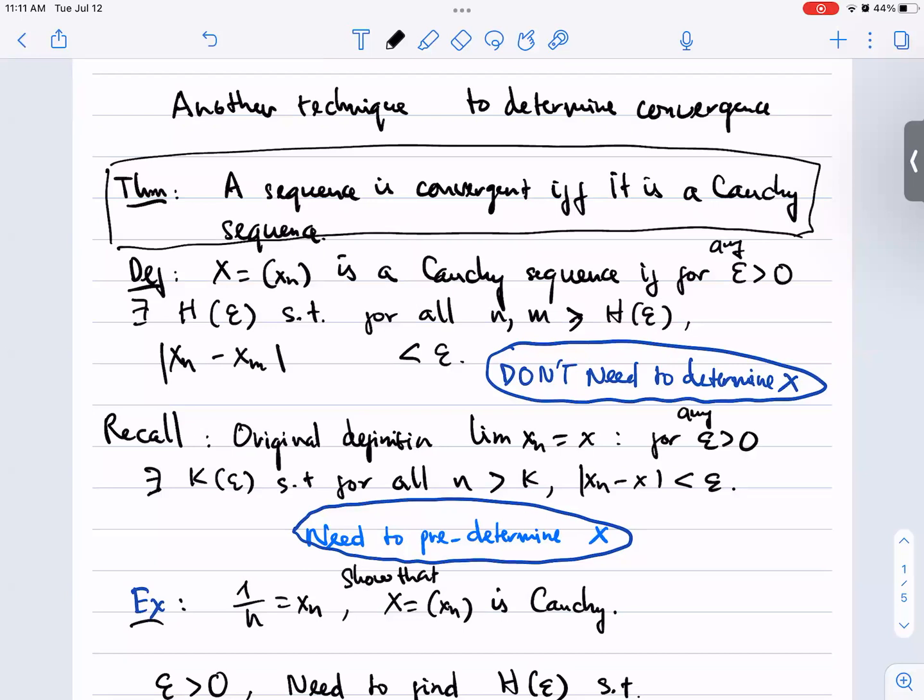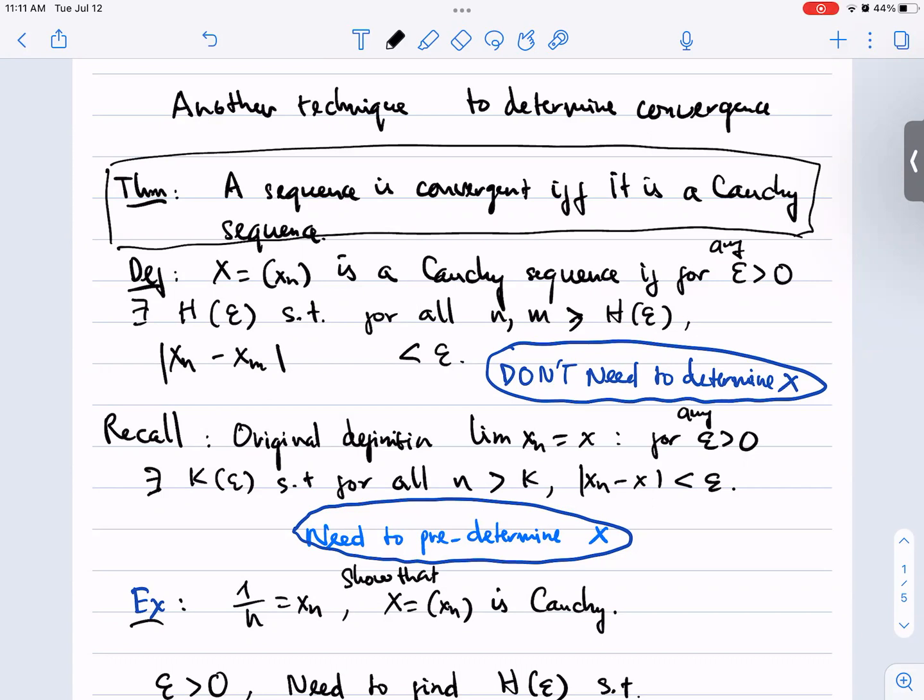So the point here is that for any small number epsilon, we can choose a number h such that for any indices bigger than h, the difference between two elements must be smaller than epsilon.